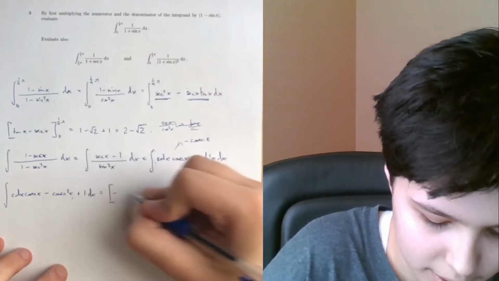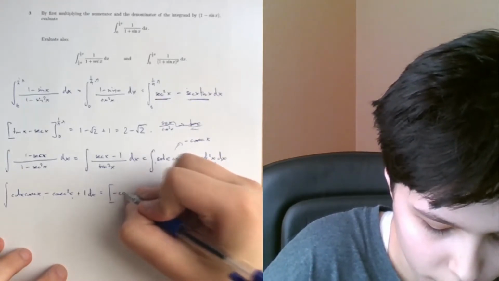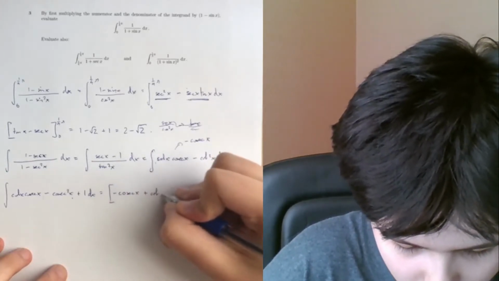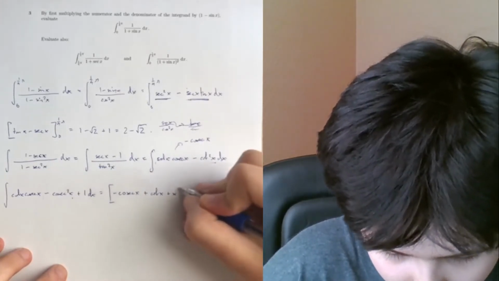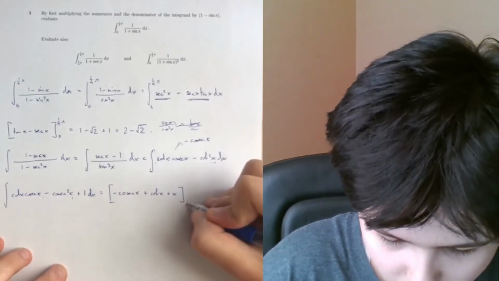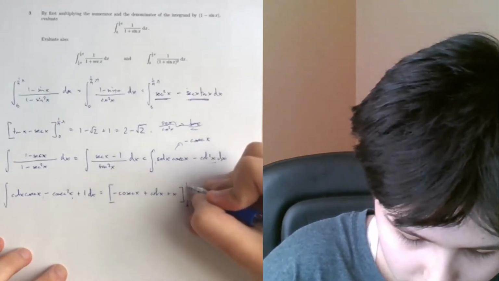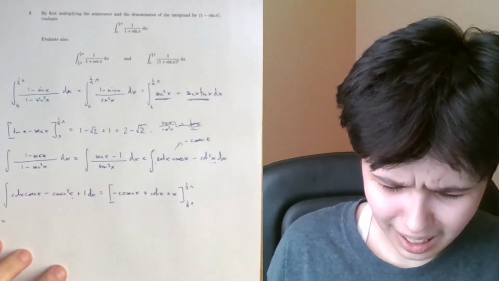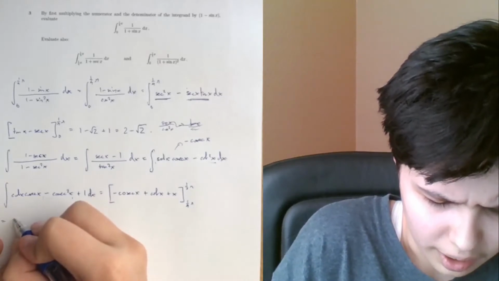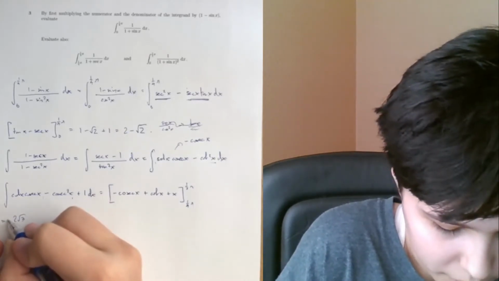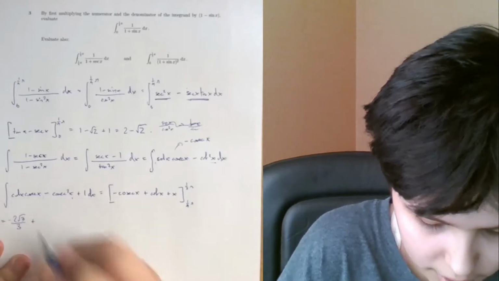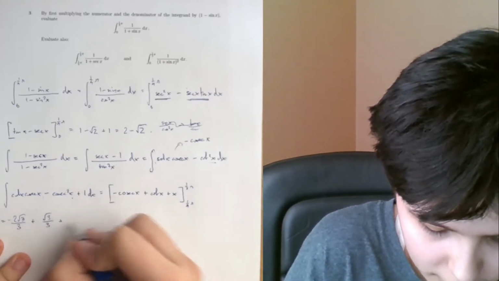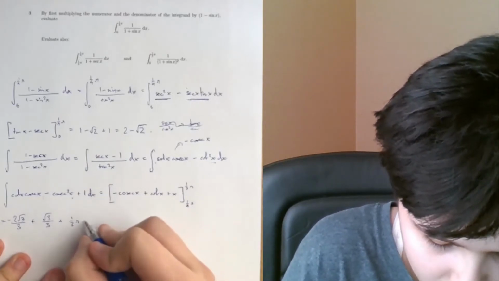This is minus cosec x plus cot x plus x between a quarter pi and a third pi, and that gives me minus 2 root 3 over 3 plus cot a third pi, that's root 3 over 3, plus a third pi.